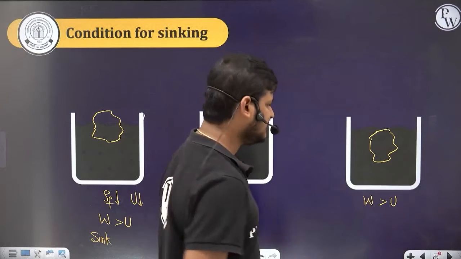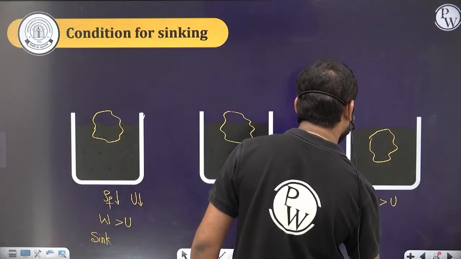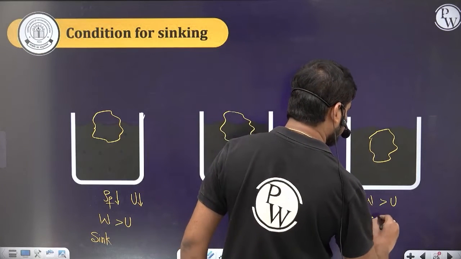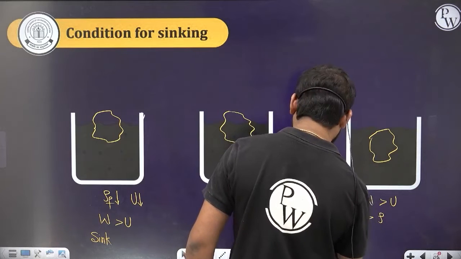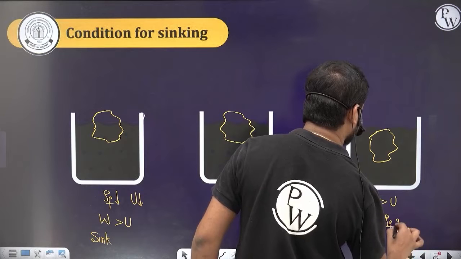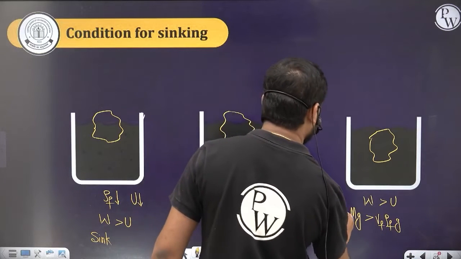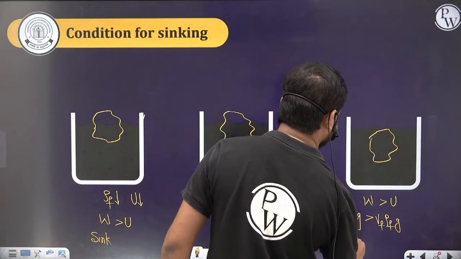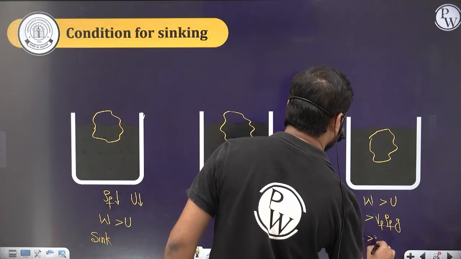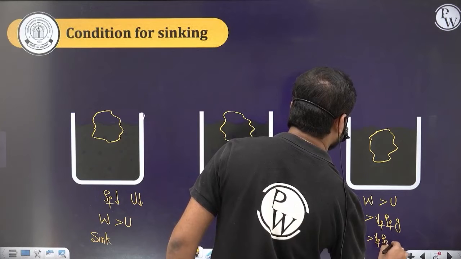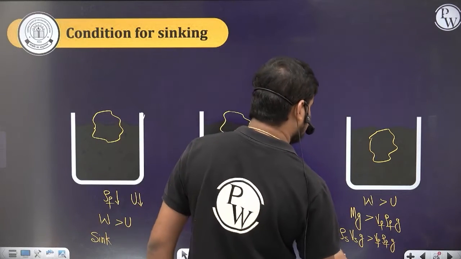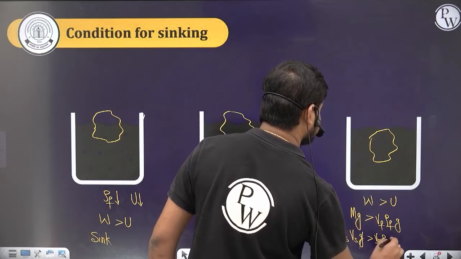What is the weight? The mass of the object times g is greater than the upthrust. What is the upthrust formula? Vf rho f g. Now, in place of mass, I write the density of the solid times the volume of the solid times g, greater than Vf rho f g. Here g cancels.